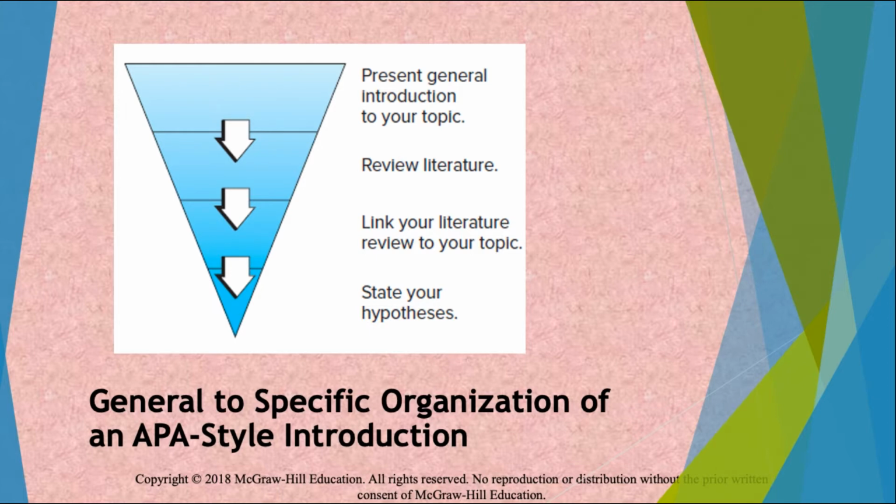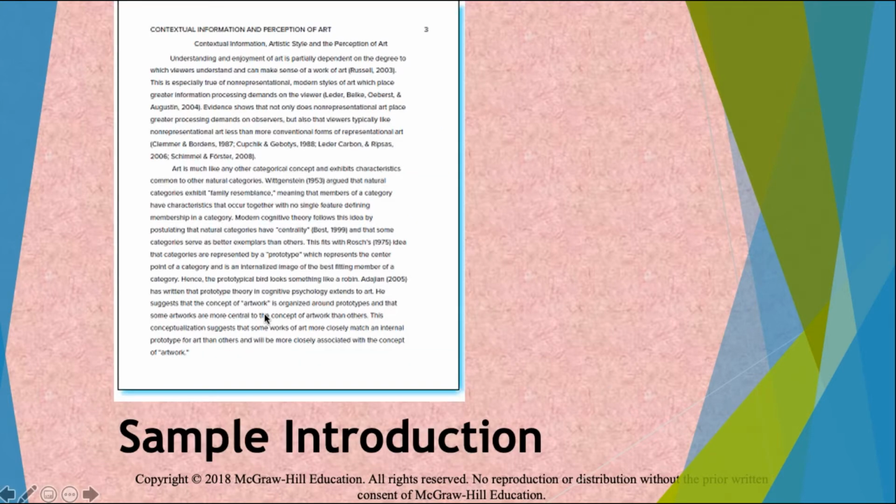First you present the general introduction of your topic, then narrow it to the literature review, chapter 2, and then link your literature review to your topic, then state your hypothesis. Here you can see this is the narrowest point. Then we can see here a sample of an introduction.